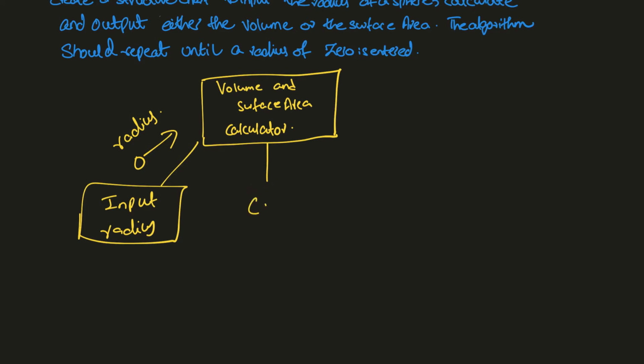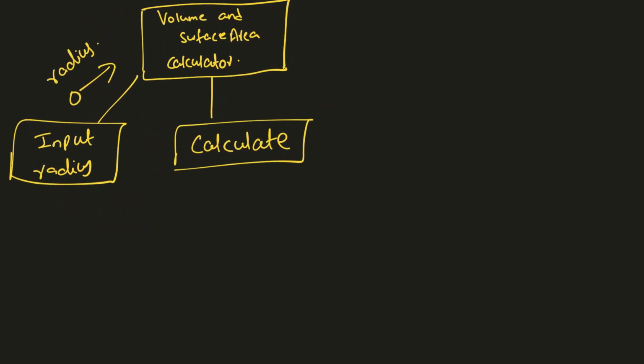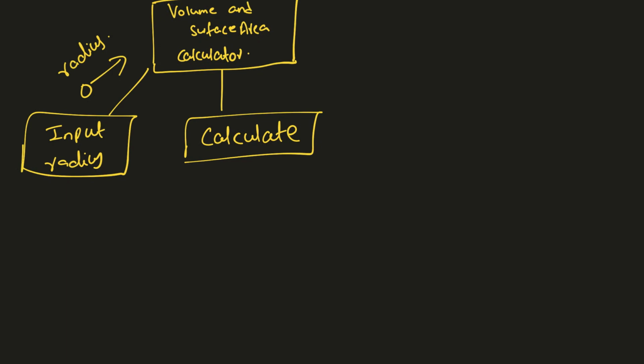Here we'll have the calculate module. First of all, you'll need to see what the user presents you with. You'll see if you have to calculate the volume or not. You can have surface area here; I am having volume here.